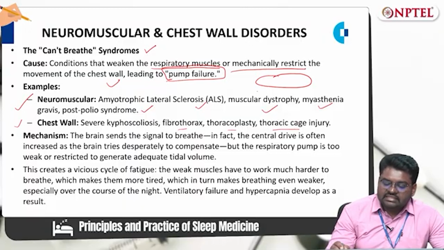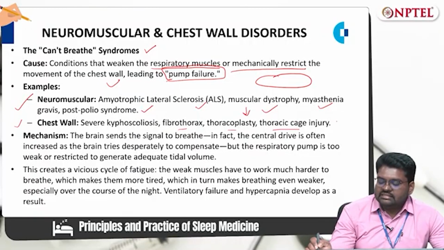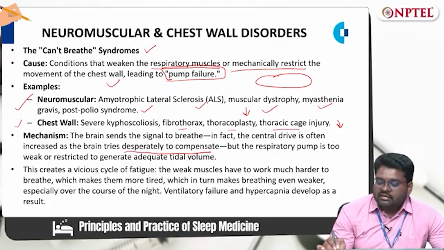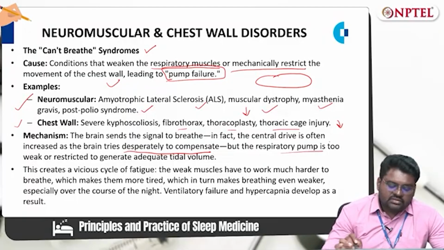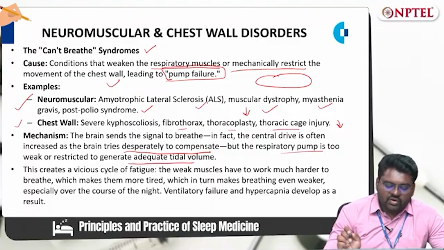In these conditions the muscle power is reduced, and the chest movement is restricted. So the brain sends the signal, and the signal is intact here, but the central drive is often increased as the brain tries desperately to compensate. But the respiratory pump is too weak and the chest movement is restricted, so it cannot generate adequate tidal volume.